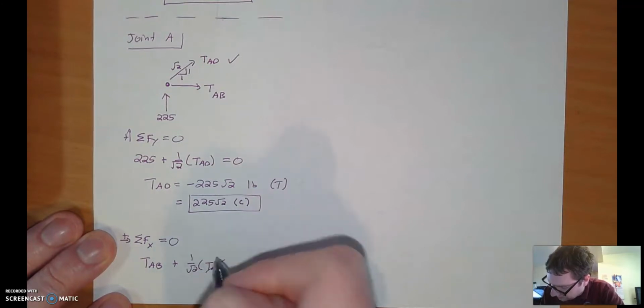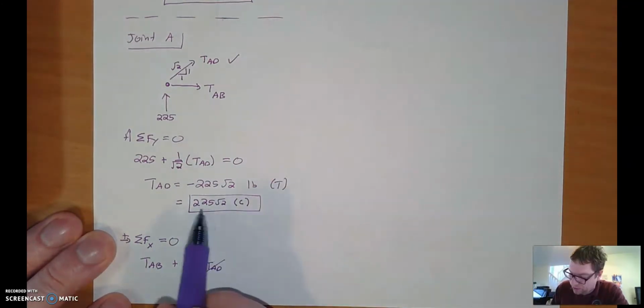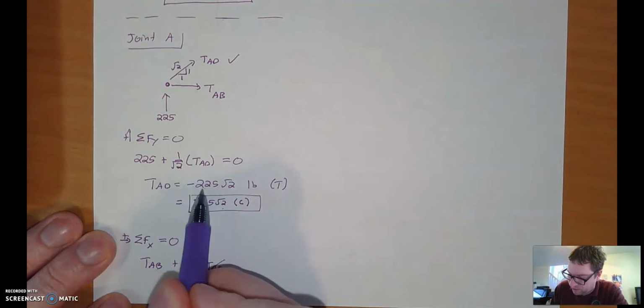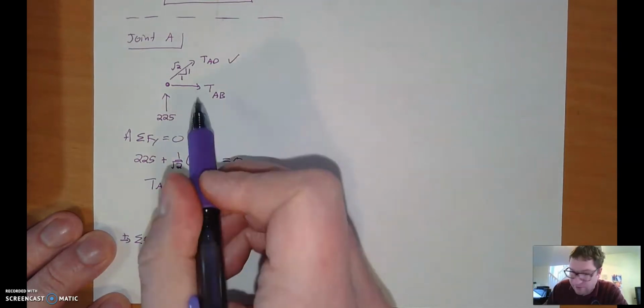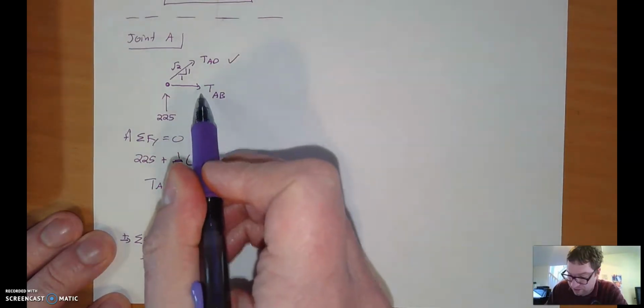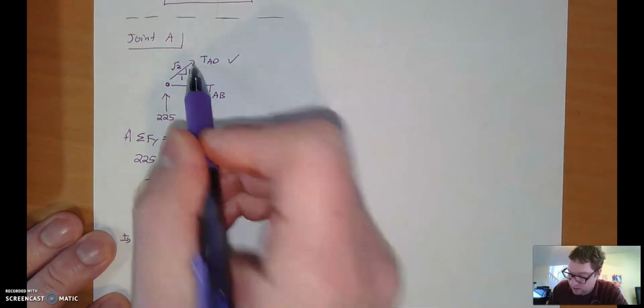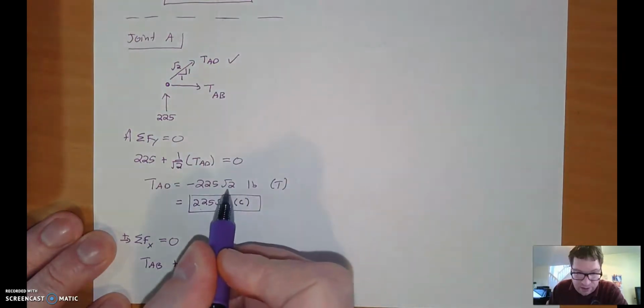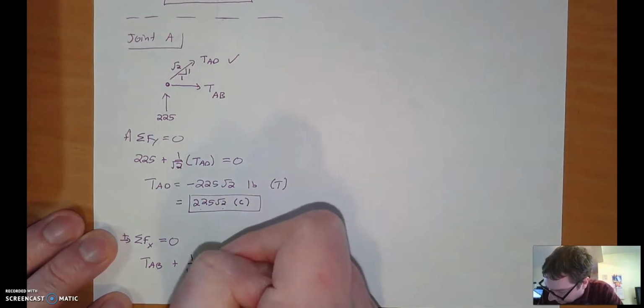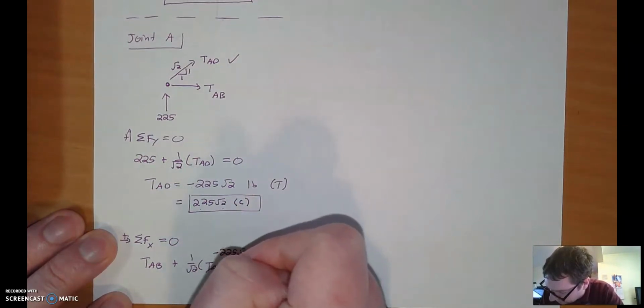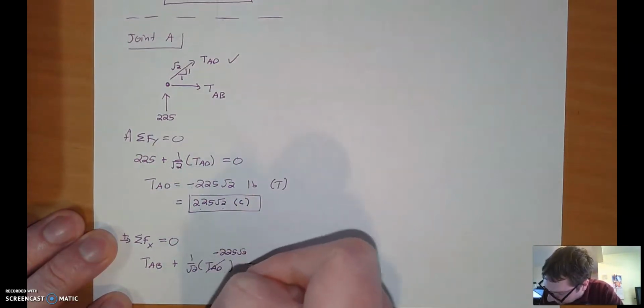You do not put in 225 root 2 here. You put in negative 225 root 2 because we have this drawn as tension here. So I need to put the tension value in, which is negative. So we put in negative 225 root 2. And this is all equal to 0.